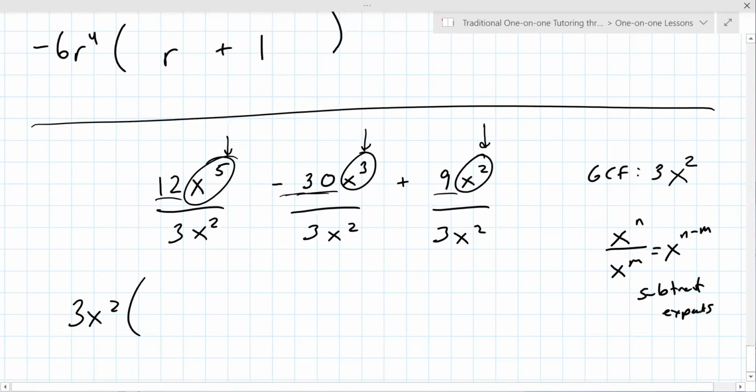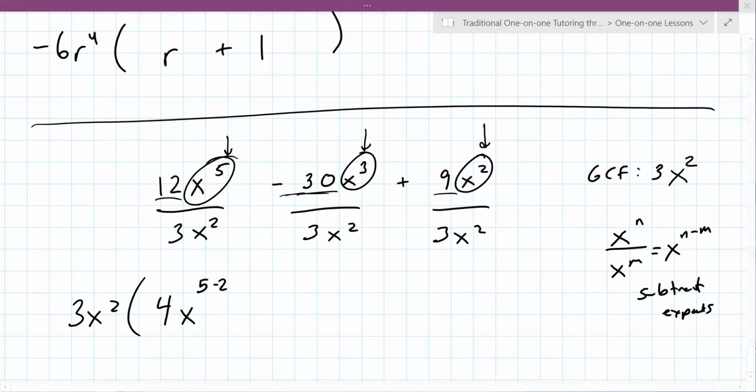Okay. So start with this. What is 12 divided by 3? 4. X to the fifth over x squared is x to the 5 minus 2. Do you see how I subtract the exponents there? Yeah.